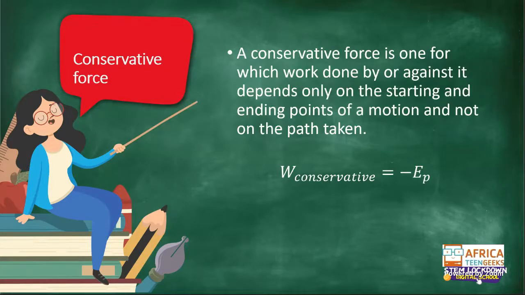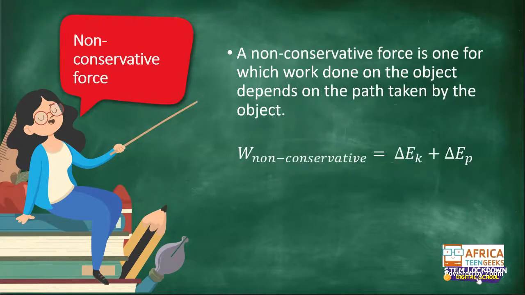And so the formula that they use for conservative force is that it is the negative of your potential energy. Then a non-conservative force is one in which the work done on the object depends on the path taken by the object. So for these type of forces, they tend to lose energy in terms of heat and sound.